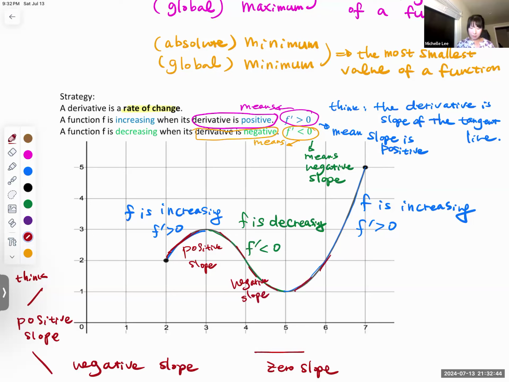And this is positive slope, right? Okay, now 0 slope. This is 0 slope, right?